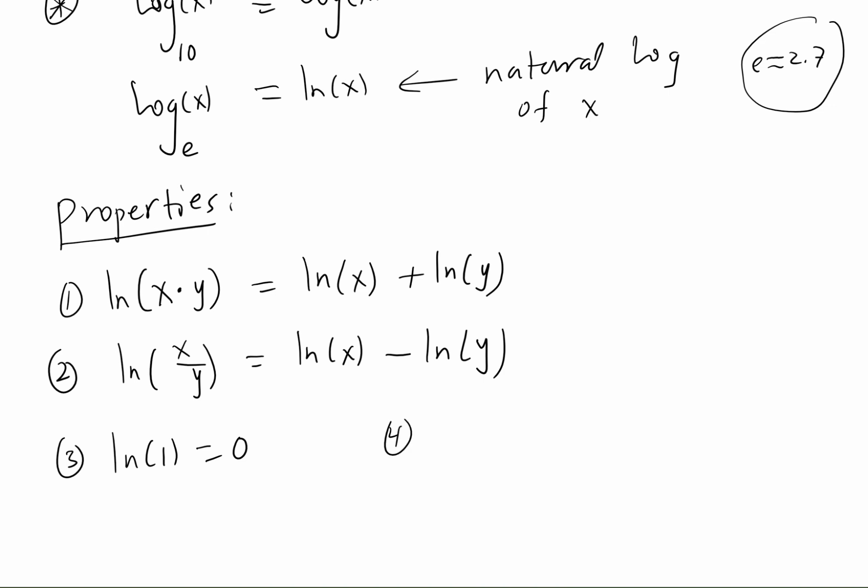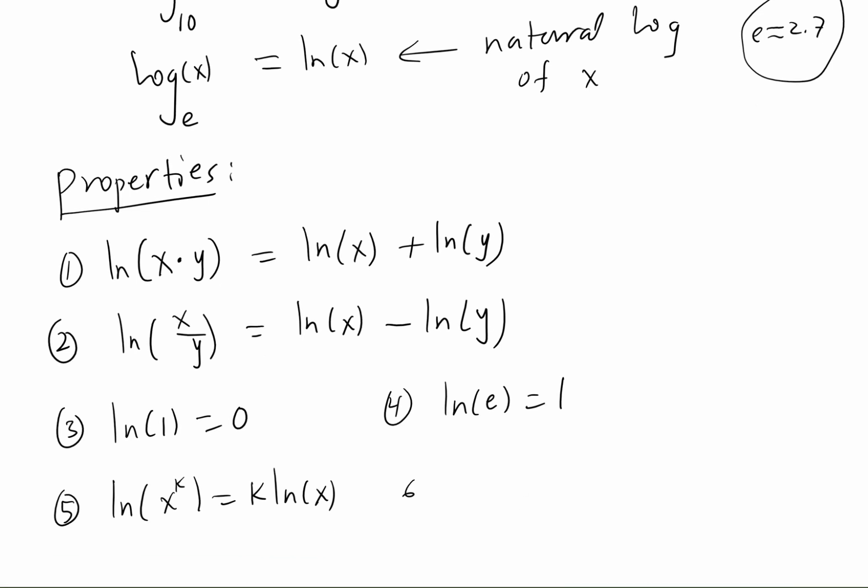And natural log of e, because the same base, it's 1. Natural log of x to the k, you can bring the k down. Same properties as in the log function. So if you have log a base b, you can use natural log of a over natural log of b, change of base formula.